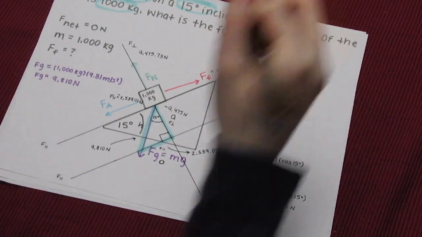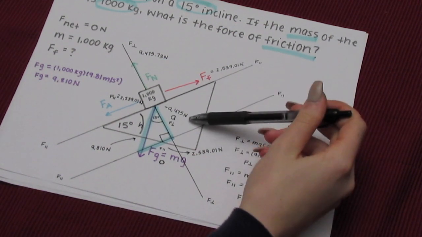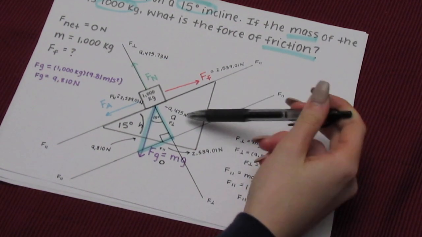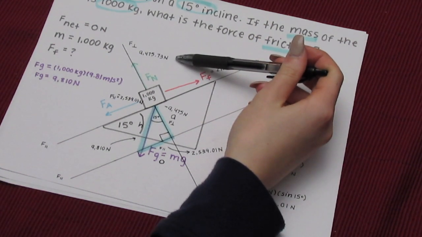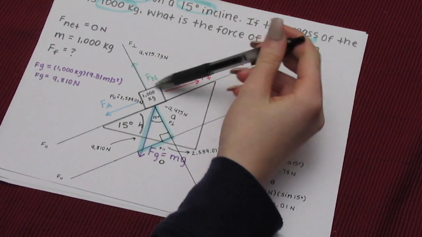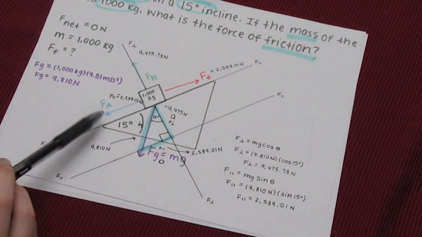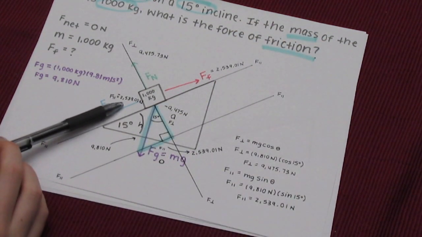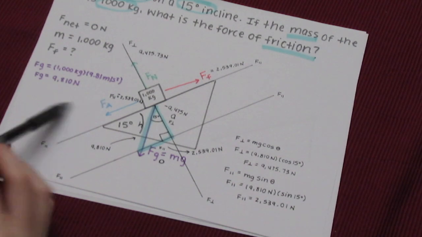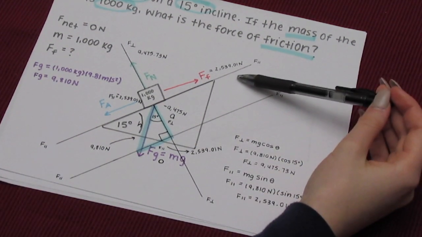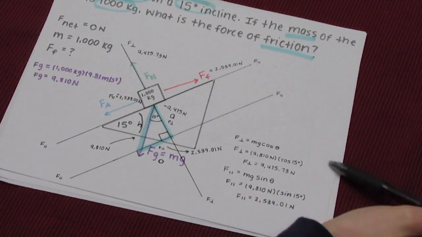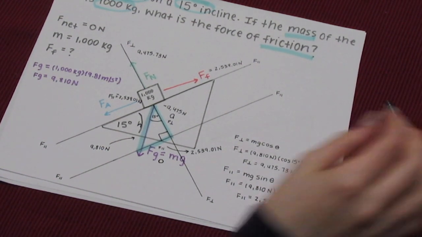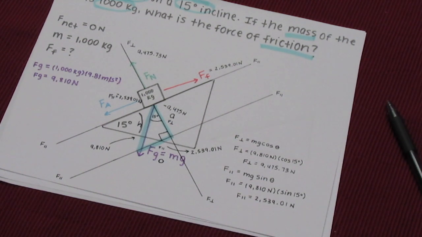So your force of friction is going to be 2,539.01 newtons. So we have negative 9,475 newtons for a force perpendicular, a positive 9,475 newtons for our normal force, a negative 2,539 newtons for your parallel force, and a positive 2,539 newtons for your force of friction. So the question asks, what is the force of friction?